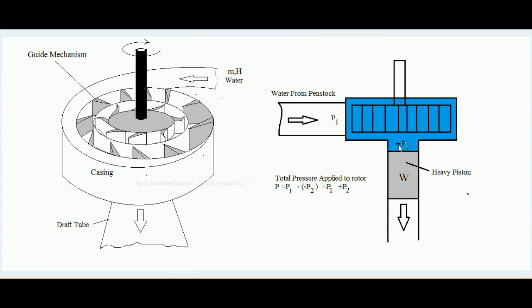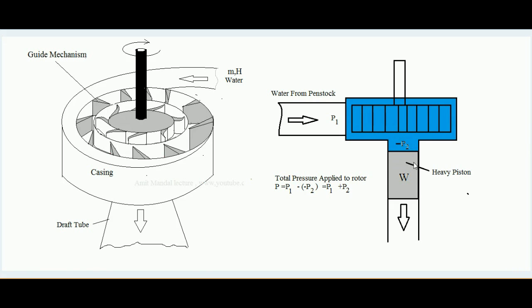The force is developed over the piston in the downward direction due to gravity, so over the top side a negative pressure is developed. So what will happen? The pressure difference between the two points, over the inlet and over the exit, will be more. In case we are not using this piston cylinder system and water is made to go out without any such mechanism, then over the exit of this machine the pressure would be 0.